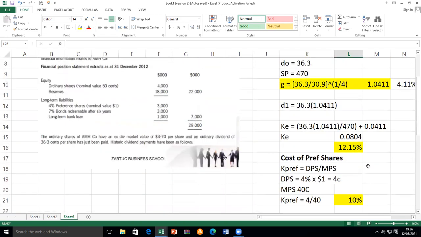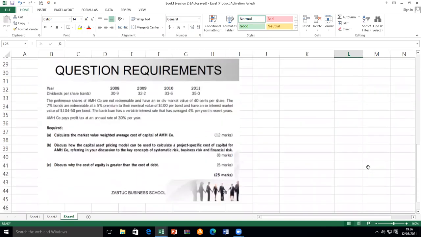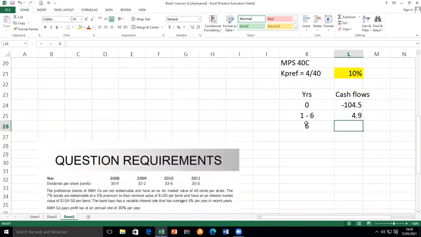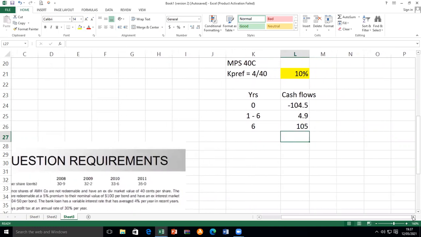So we take that interest is 7%, which is $7. Remove 30% tax from there. And what are the terms for redemption? It's a premium of 5%, which is 105. So we need to be careful. It's not at par all the time.